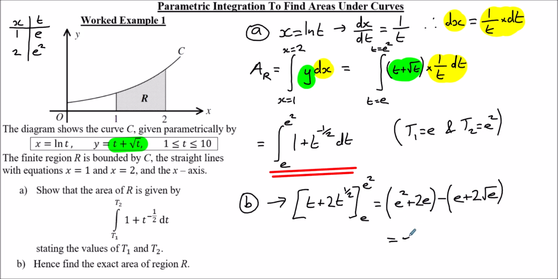So that simplifies to e squared. In fact, I'll start underlining now, because it's going to be my final answer. 2e minus 1e, that's just going to leave with just 1e. So we get 2e minus 1e, which is just e, and then minus 2 lots of root e.